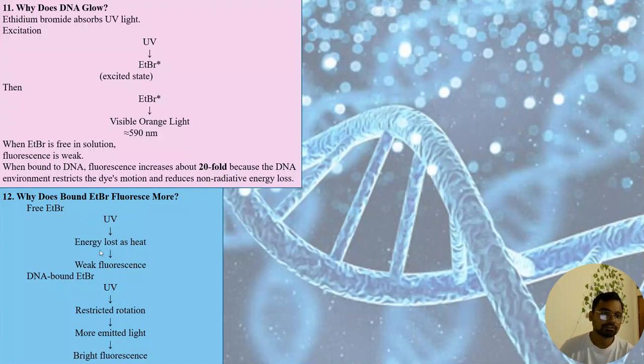Free EtBr loses UV energy as heat, giving weak fluorescence. When bound to DNA, rotation is restricted, so it emits more light and bright fluorescence.